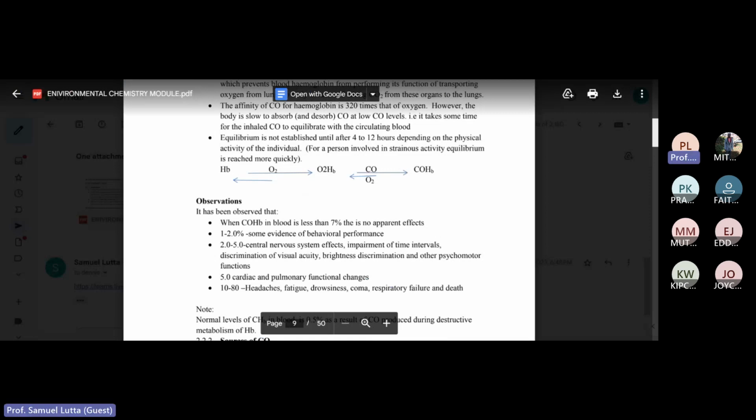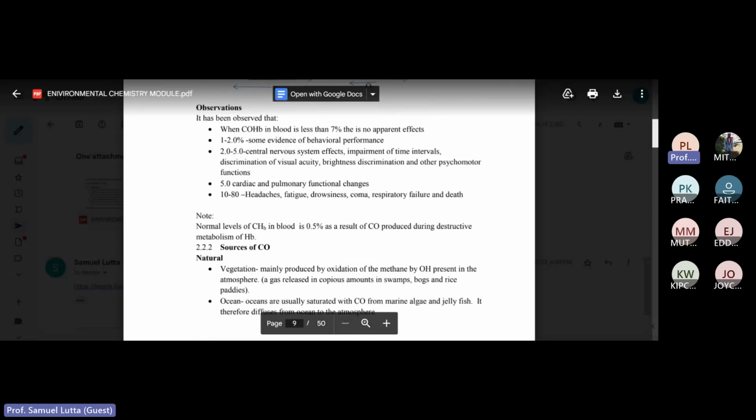At 2 to 5%, it starts to affect the nervous system and impair discrimination. Around 5%, it causes cardiac arrest or pulmonary functional changes. And when it is more than 10%, it causes fatigue, headache, and death.